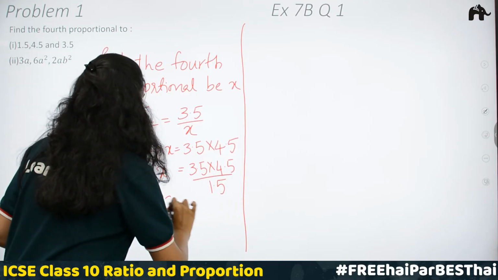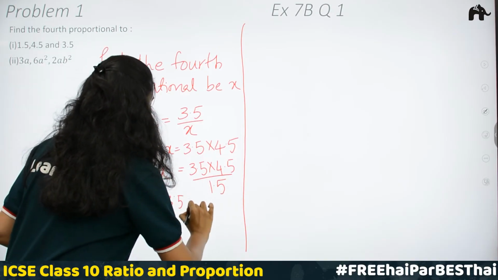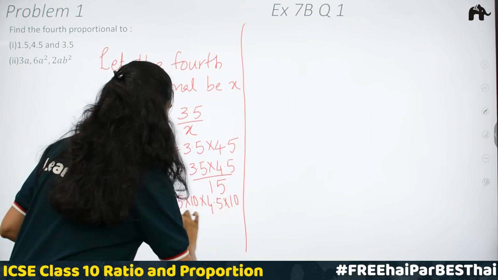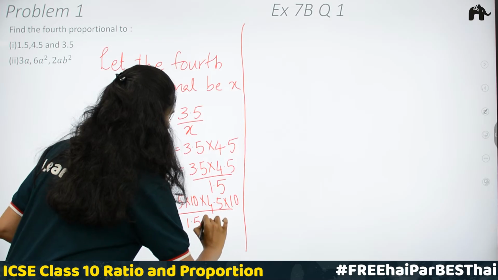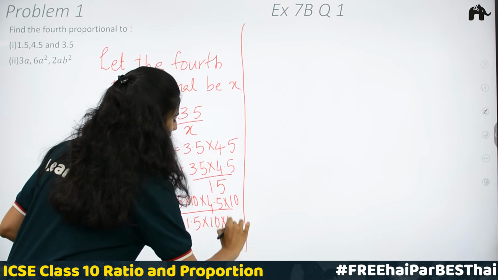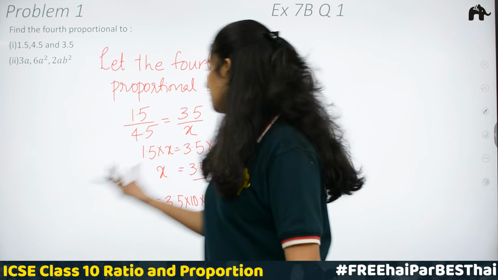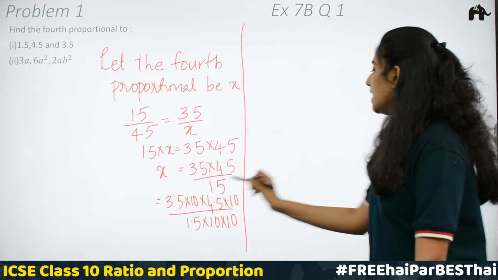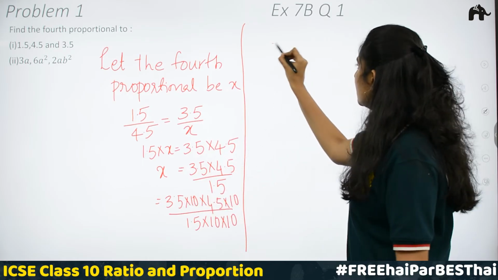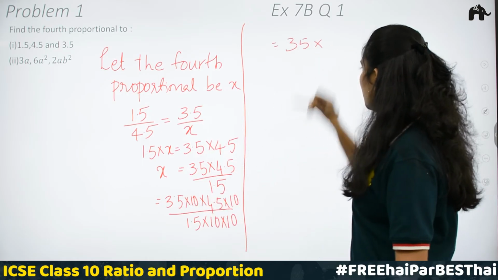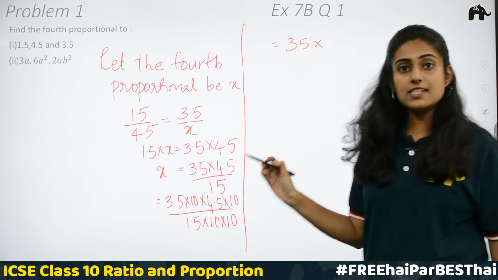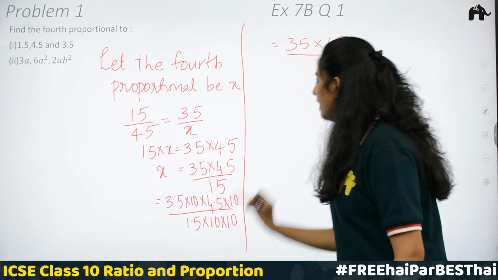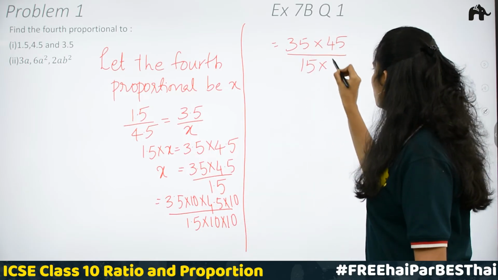This becomes 3.5 into 10 into 4.5 into 10 divided by 1.5 into 10 into 10. Whatever you multiply in the numerator, you need to do the same in the denominator. So, 3.5 into 10 becomes 35, 4.5 into 10 is 45, divided by 1.5 into 10, 15, into 10.